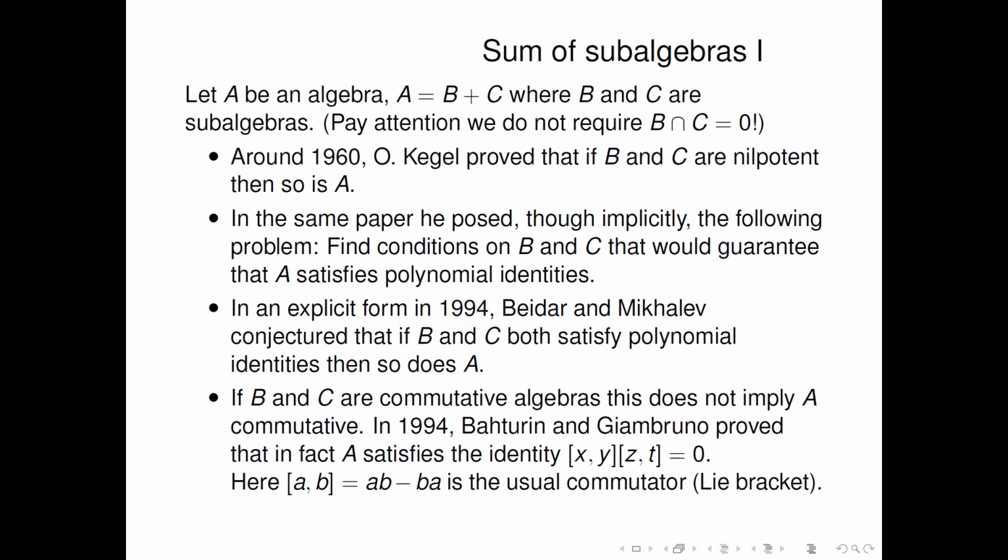It implies only that A will satisfy an identity of this kind. This was proved by Bakhturin and Zaicev the same year. That is not necessarily commutative, but it satisfies a very nice identity of degree 4.